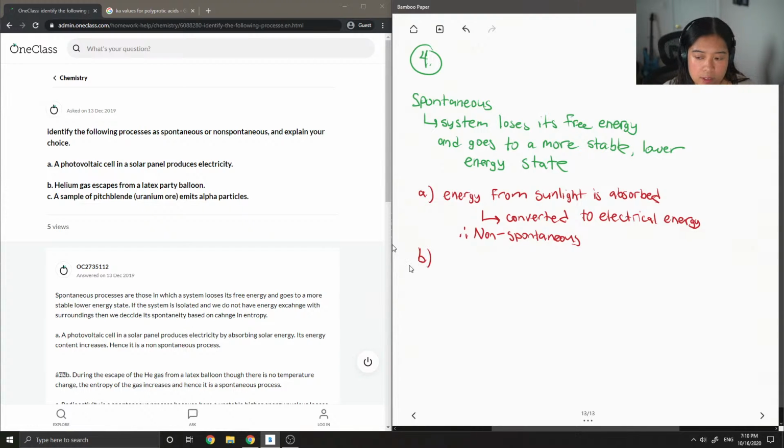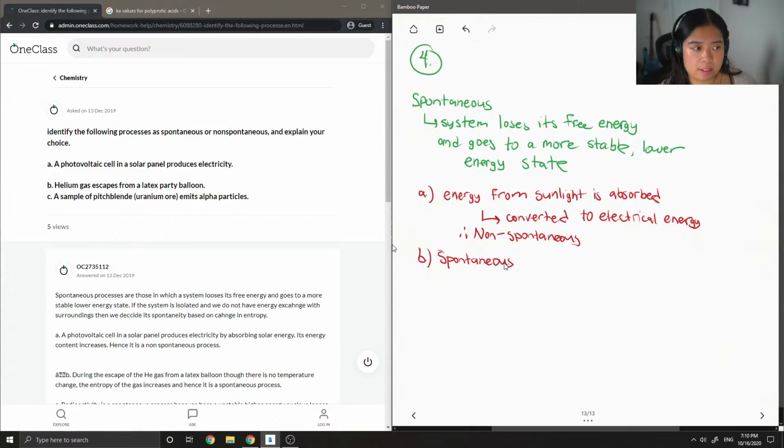Okay, so let's look at B. Helium gas escapes from a latex party balloon. Okay, so this is spontaneous. And we know that because when the air is in the balloon, the inside of the balloon has such a high pressure involved.